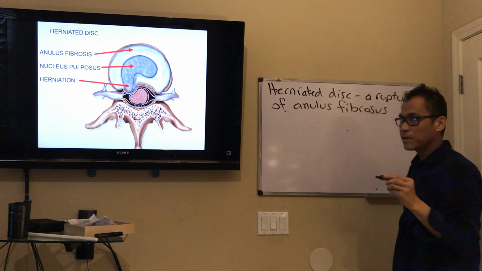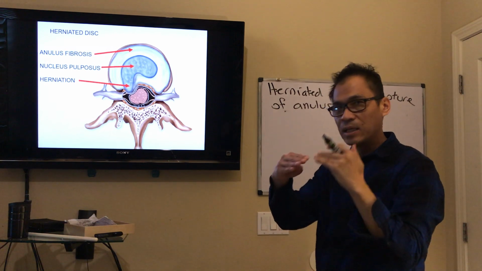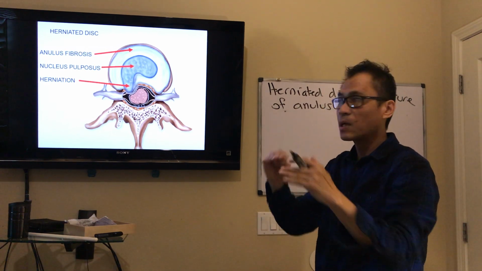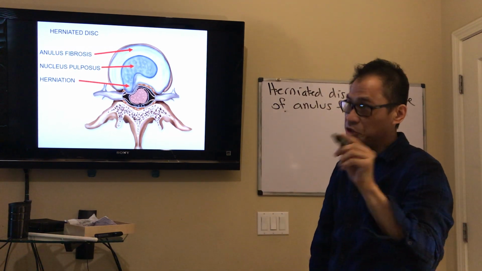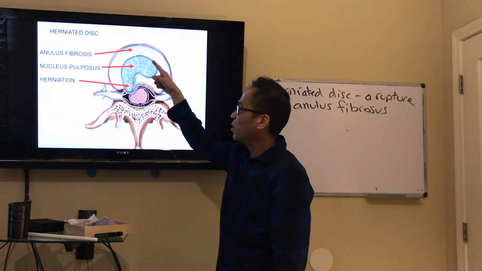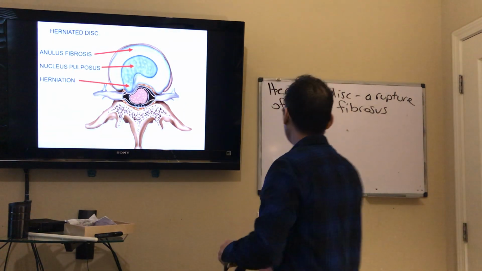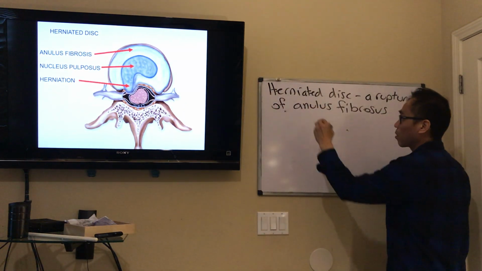You should know the annulus fibrosus, because we covered this, is actually many layers of fibrocartilage. That's the tissue type of the annulus fibrosus. They call it that because it looks like rings of a tree. When you cut a tree, look at the tree stump. Anyways, the tissue is fibrocartilage.